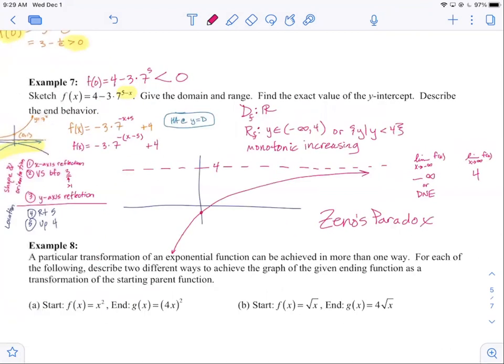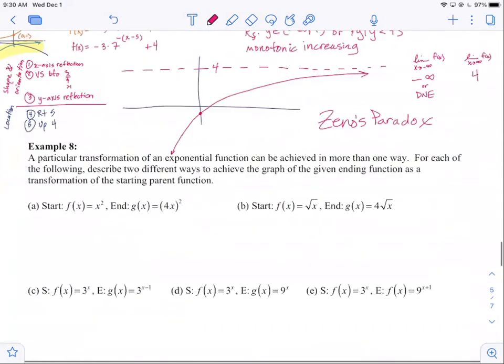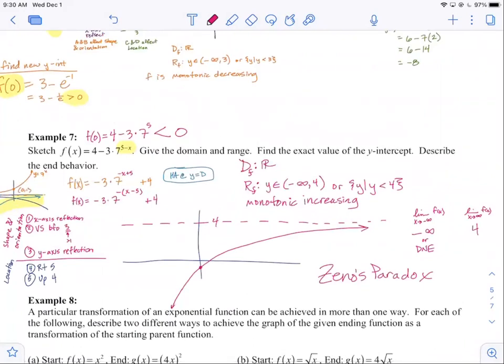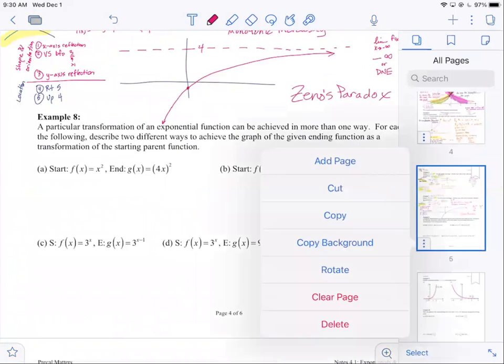Comments or questions on that? No? Okay. Let me give you one to try on your own. Let me insert a page here. Try this one on your own. Sketch.